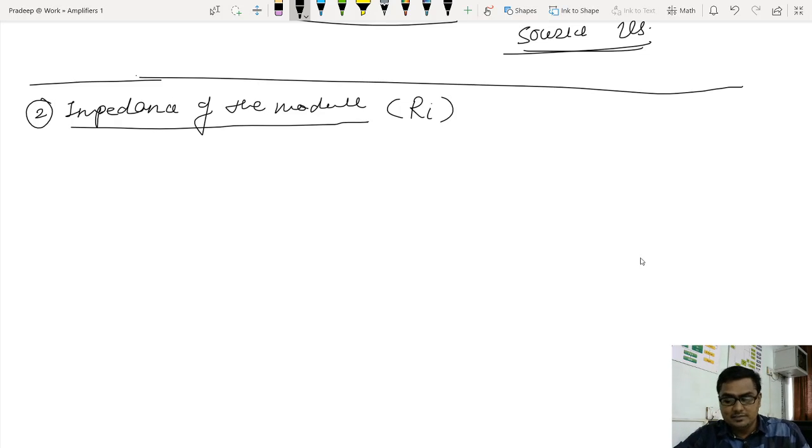So what will be the input impedance of that hybrid module of a transistor? That's what we are going to find. Those parameters, that is input impedance, output impedance, current gain, and voltage gain, are the basic important parameters of an amplifier.